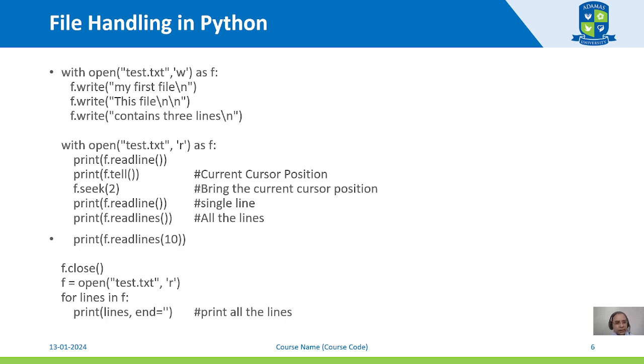It will give the output like that: my first line, my first file, then a single line, next line, then this file, then another next line, then contains 3 lines. So this will be the content of the test.txt.